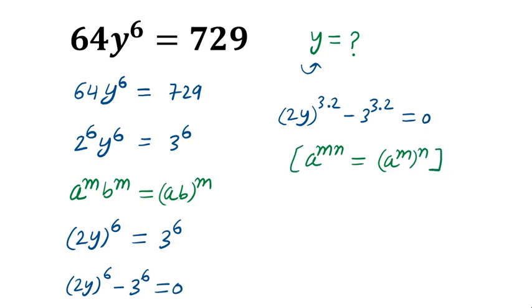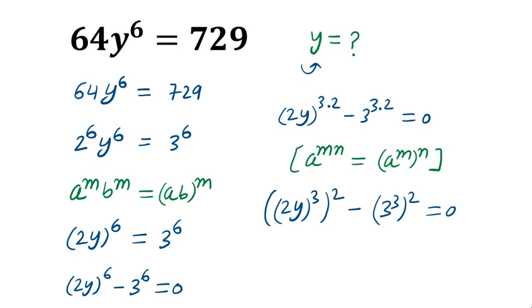According to this rule, we can write this term as ((2y) cube) whole square minus, similarly, (3 cube) whole square is equal to 0.